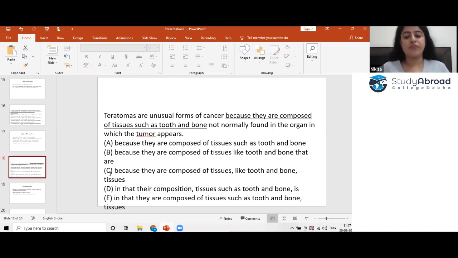Let's see what difference D and E are bringing in front of us. D says in that their composition tissue such as tooth and bone is, and E says in that they are composed of tissues such as tooth and bone tissues. I told you that in A as well, this subject was missing, and in E they are bringing in the tissues, the reference.